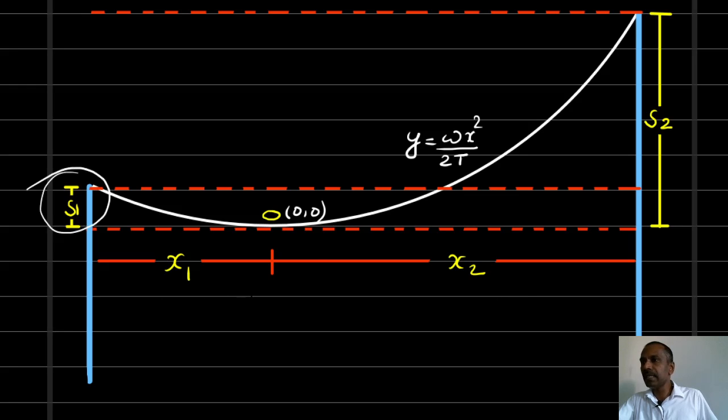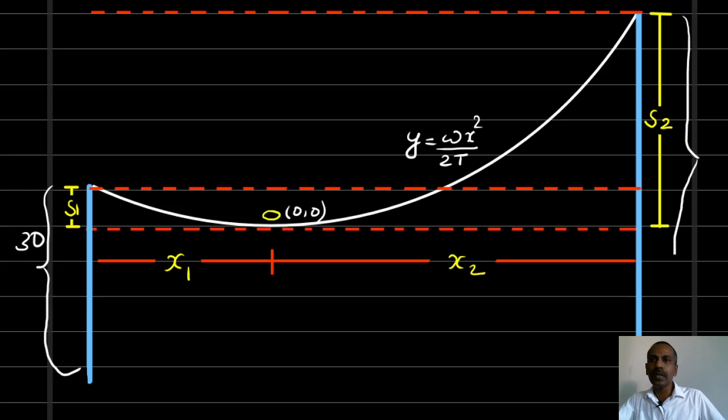Here the SAG, which is the distance between the point of support and the lowest point on the conductor, is S1. The SAG with respect to the right side tower is S2. Here the height of the first tower is 30 meter. The height of the second tower is 90 meter.